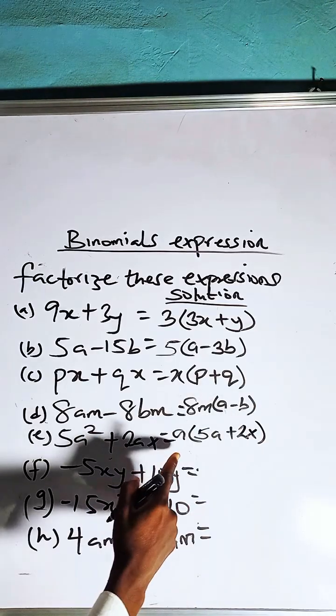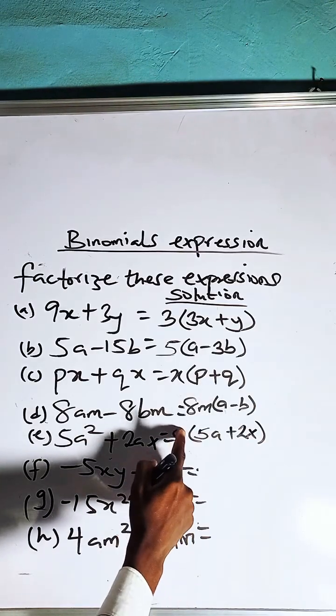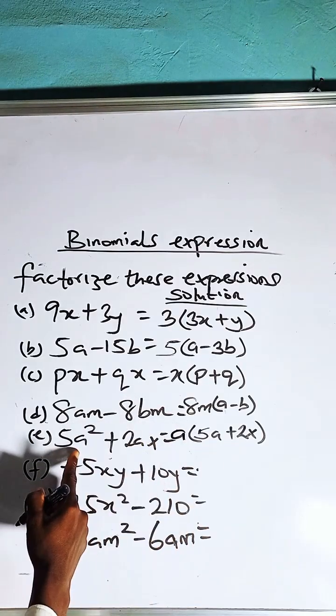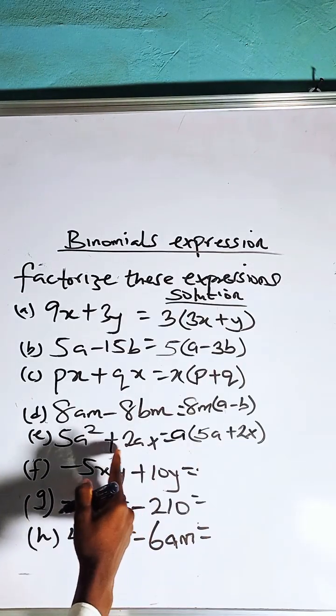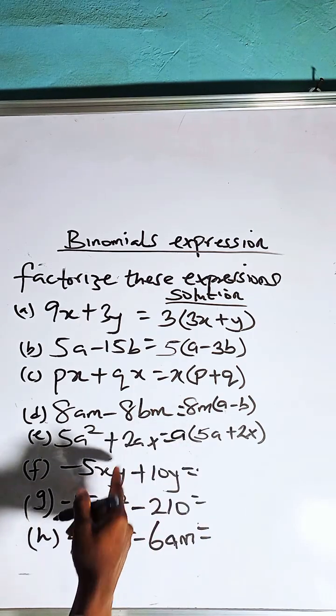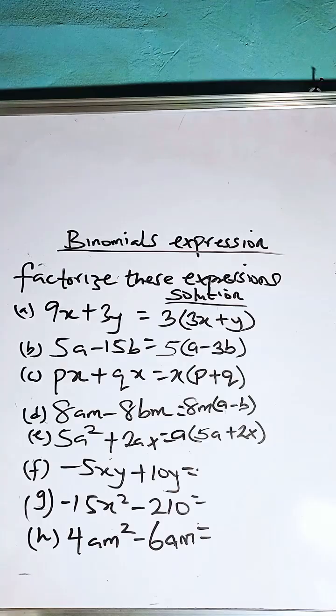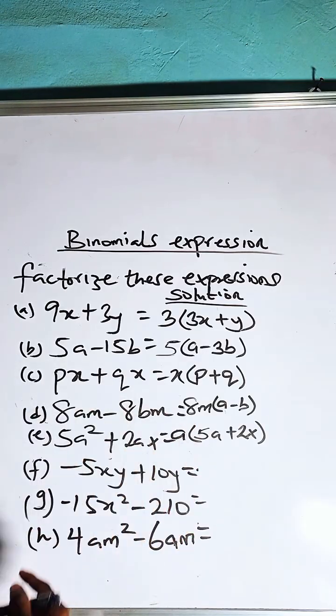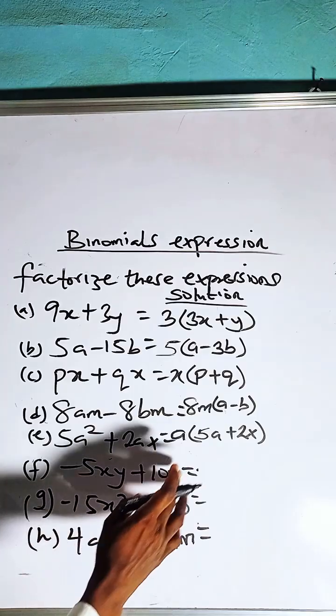So when we say a times 5a, we multiply this together, we have 5a squared plus, when we multiply a times 2x, we have plus 2ax. So when we are factorizing, the opposite of factorization is expansion. Okay, so we have the same results.